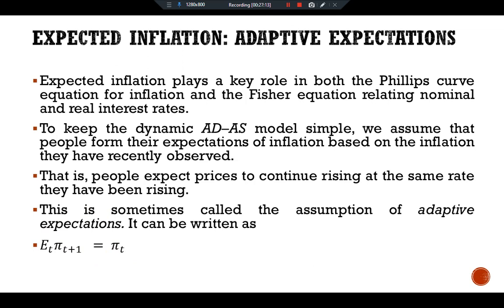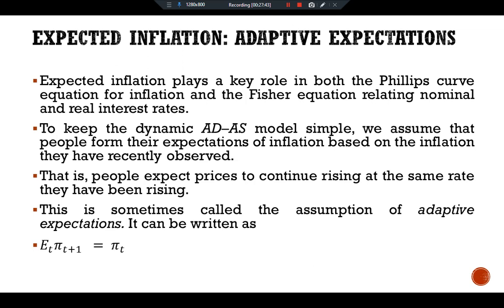This assumption about inflation expectation is admittedly crude. Many people are probably more sophisticated in forming their expectations. Some economists advocate an approach called rational expectation, according to which people optimally use all available information when forecasting the future.